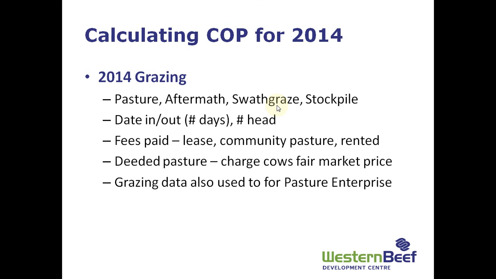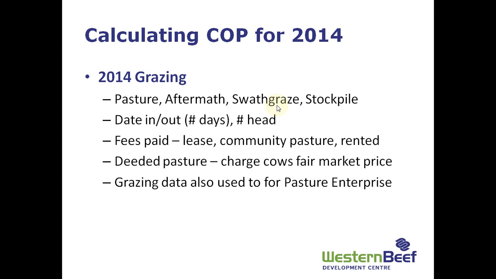Grazing information needs to be reported for grassers, cow-calf, and replacement heifers. You'll have various types of grazing: pasture, aftermath, swath grazing, stockpile grazing. It's best if you're able to do sort of date in, date out, or at least number of days total and the number of head for your different types of grazing.